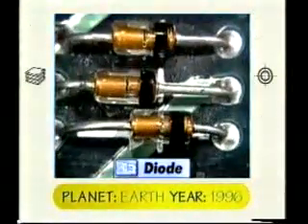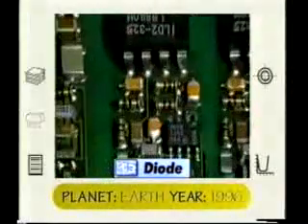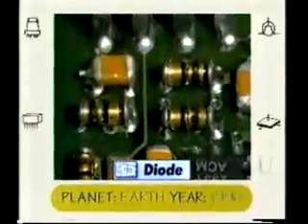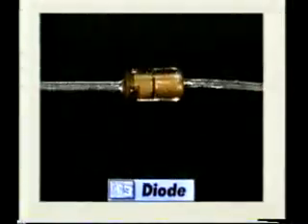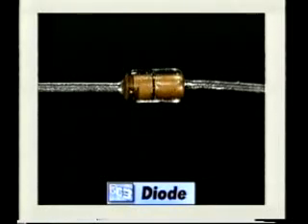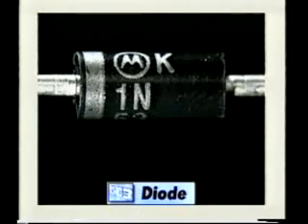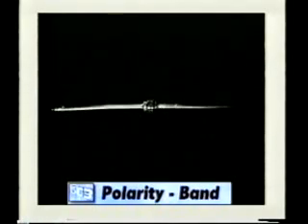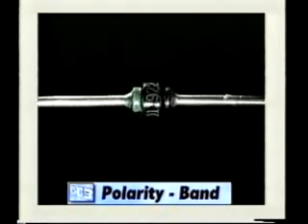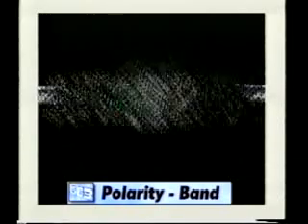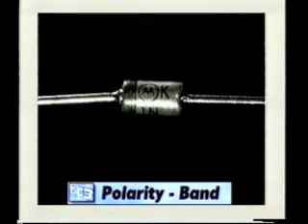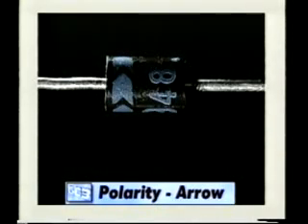Diodes allow current to flow more easily in one direction than another in an electrical circuit. All diodes are polarized and have an anode, or positive end, and a cathode, or negative end. Through-hole diodes are usually axial, and the negative lead is marked with a band, arrow, or diode symbol for correct placement on the board.